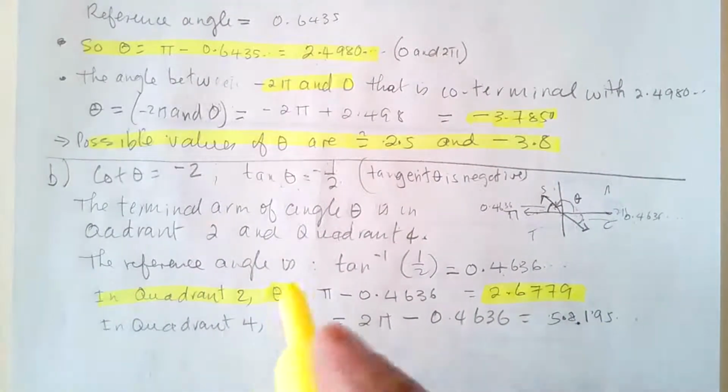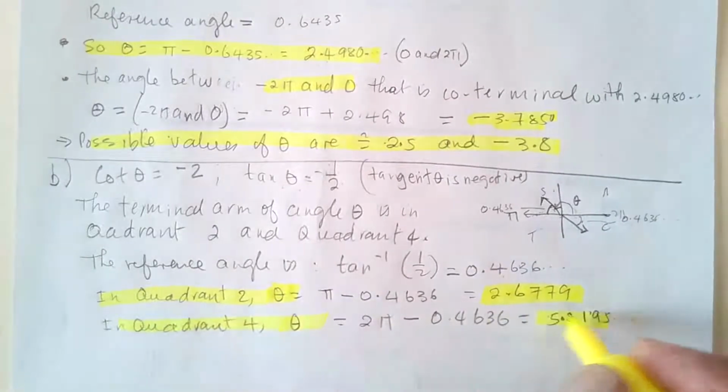So that's in quadrant 4, theta is 5.8195.